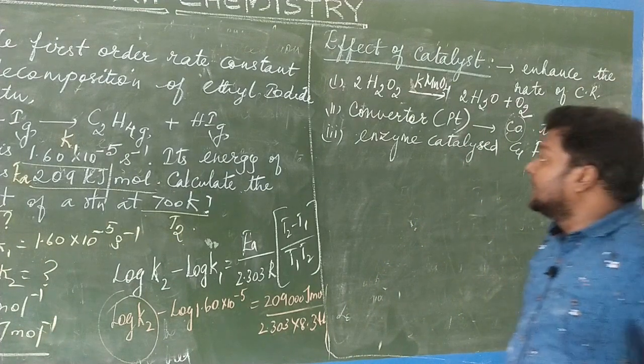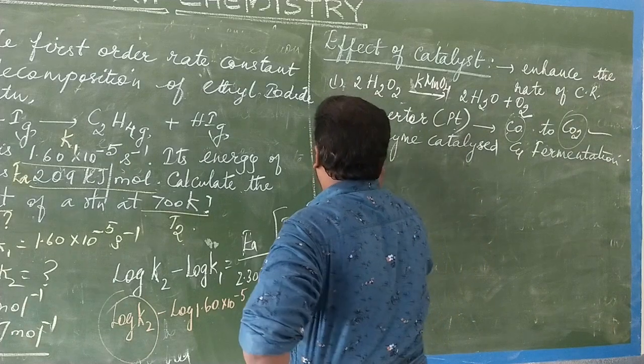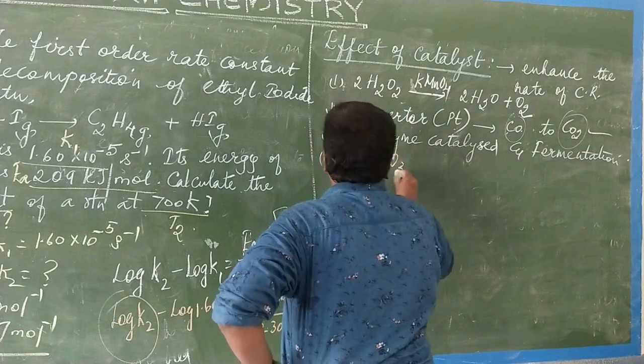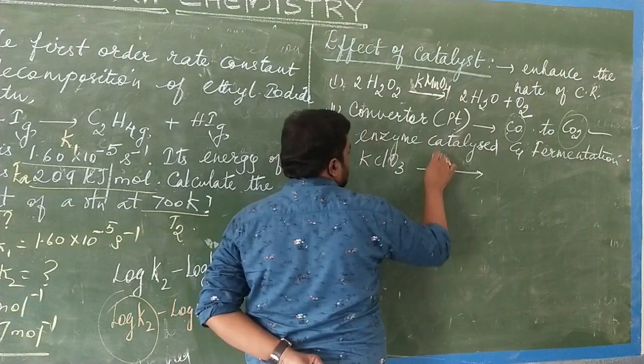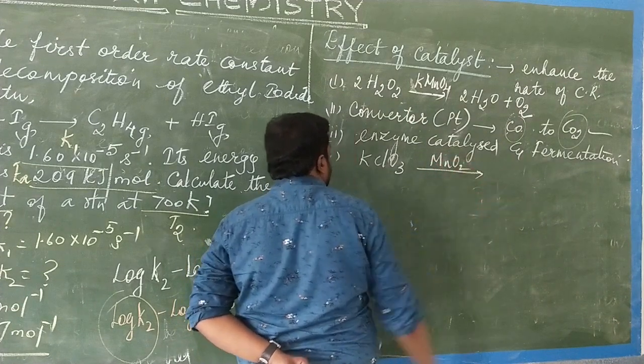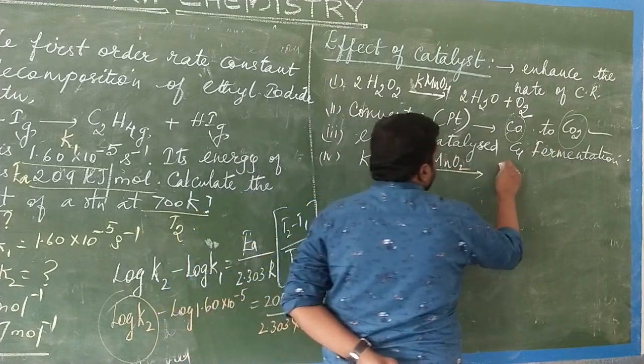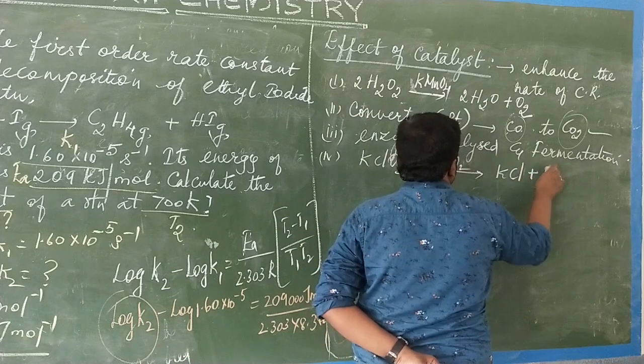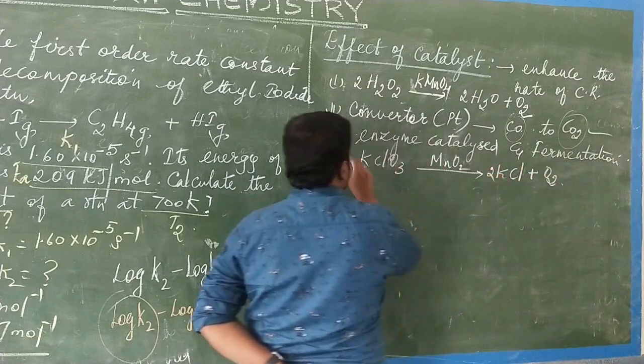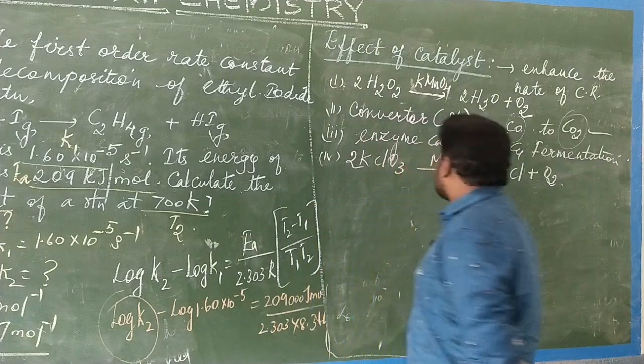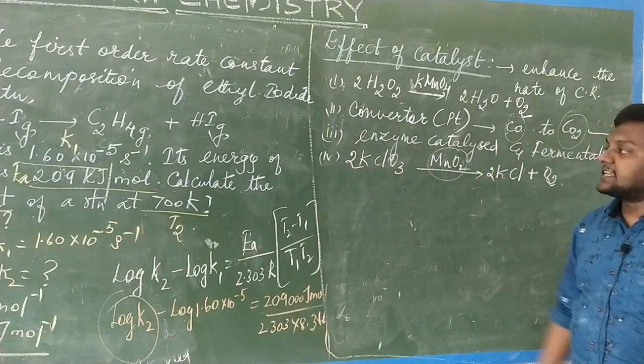And similarly the decomposition of potassium chlorate, KClO3, in the presence of manganese dioxide, MnO2. It gives rise to the formation of potassium chloride and oxygen. So manganese dioxide here will be acting as a catalyst.